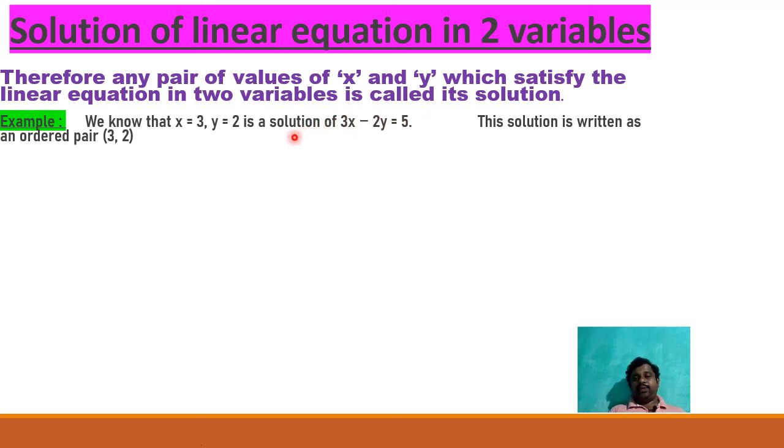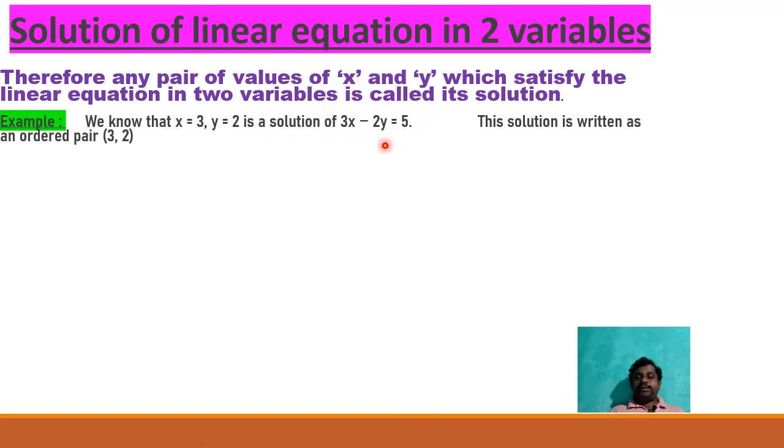I am trying to write a solution for this. If x = 3 and y = 2, if we substitute x by 3, 3 × 3 is 9, minus 2 × 2 is 4, so 9 minus 4 is equal to 5.